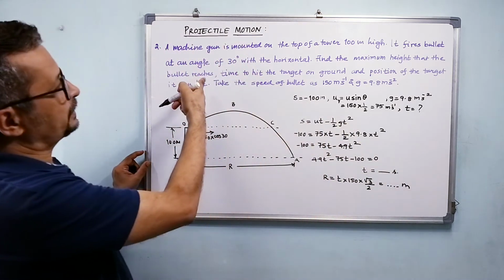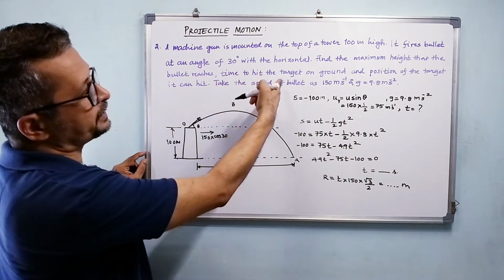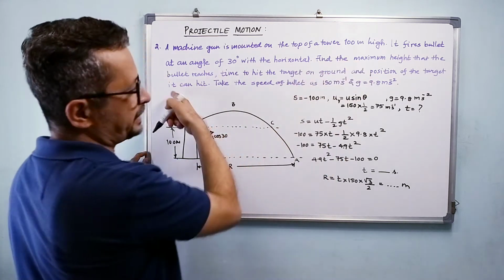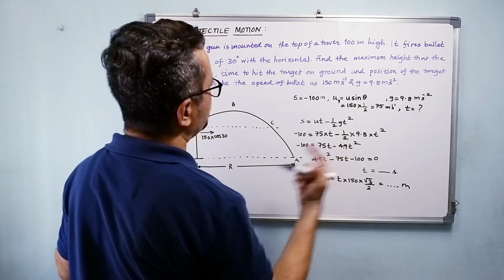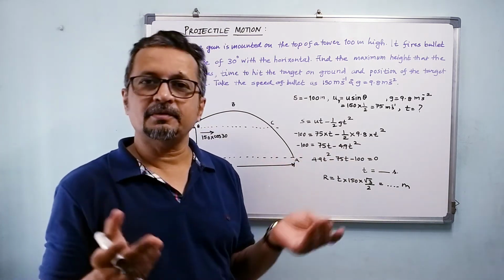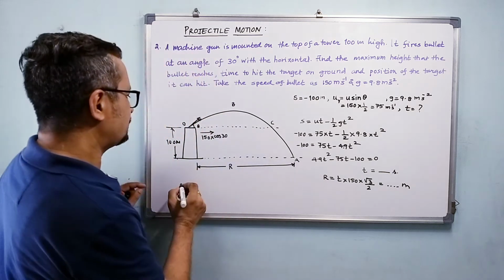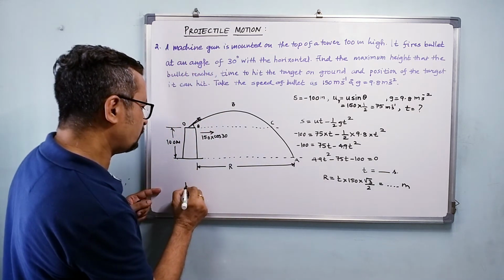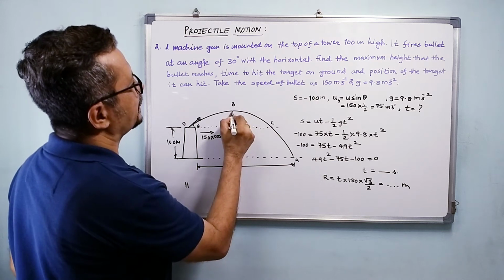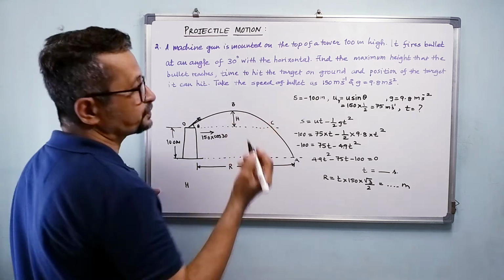So the time to hit the target on ground that I got, the position of the target it can hit, I got here from range. What about the maximum height it can reach? The maximum height that it can reach can be easily found out with our formula. So now I can have this height, right? I'll call this as h.